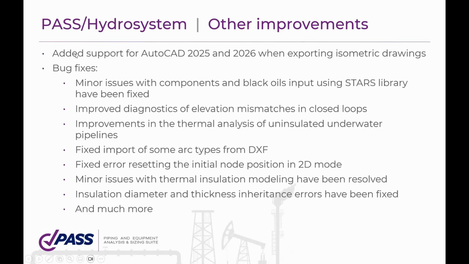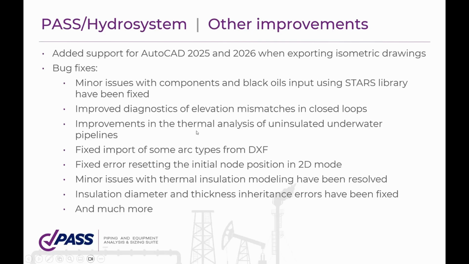We have added support of the latest AutoCAD versions 2025 and 2026 for exporting isometric drawings. We made some bug fixes: some minor issues with components and black holes input have been fixed. We improved the diagnostics of elevation mismatches in closed loops, if you work with some pipeline containing closed loops.